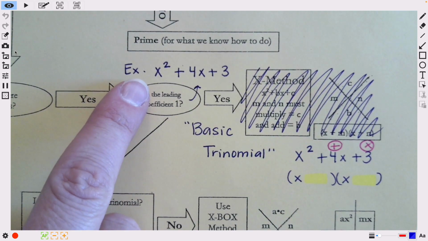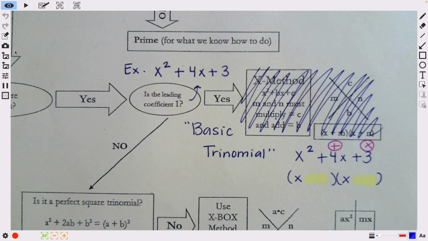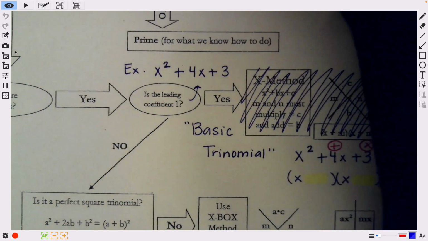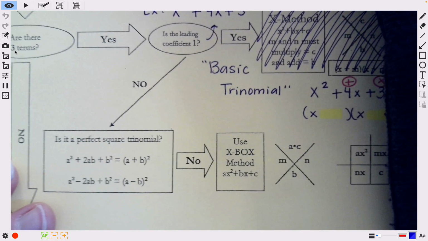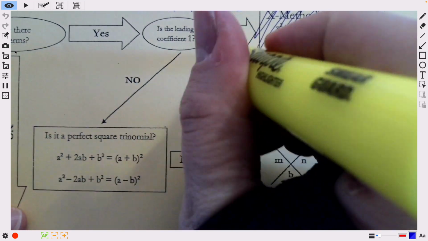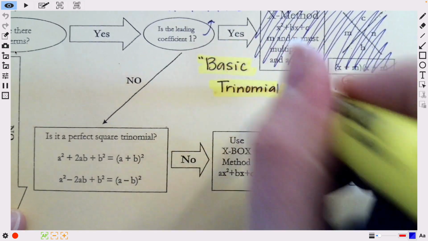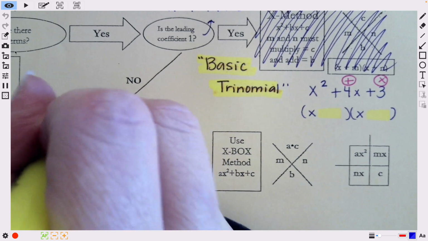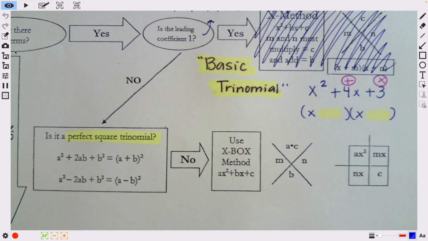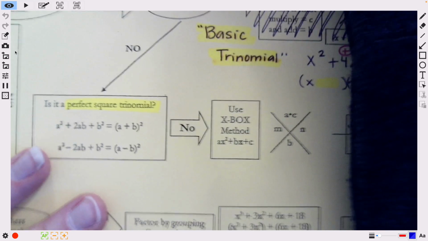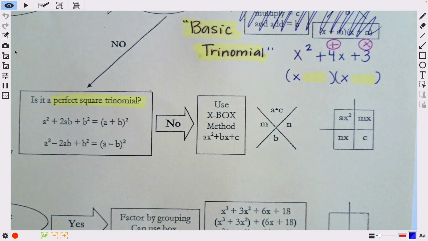So like what happens if there's a number in front of the x squared? Okay, now we have 2 options. The first option is that it is a perfect square trinomial. So this was a basic trinomial. If the leading coefficient is not 1, it could be a perfect square trinomial.